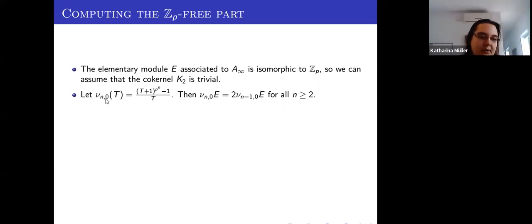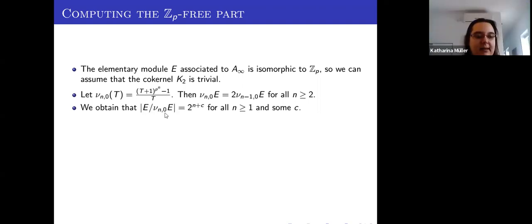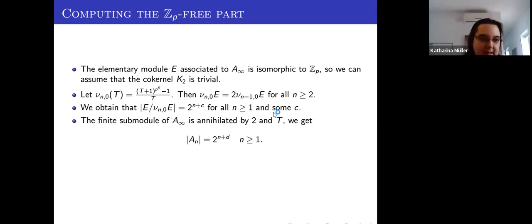And we define the polynomial nu_{n,0}(t), which is ((t+1)^{p^n} - 1) divided by t. And we can show that nu_{n,0} times E is 2 times nu_{n-1,0} E for all n bigger or equal to 2. And by this, we obtain that E over nu_{n,0} E is of size 2^{n+c} for all n at least 1 and for some c.